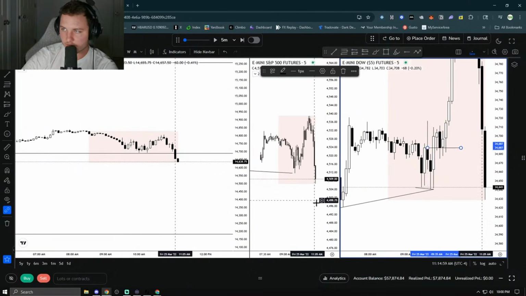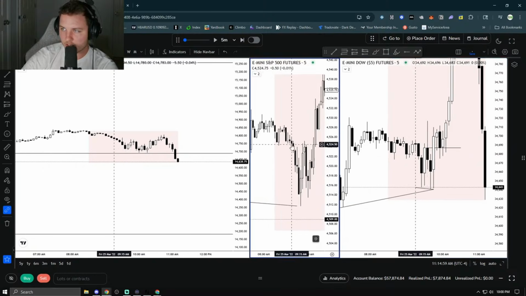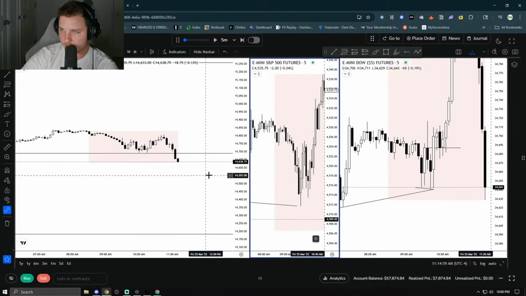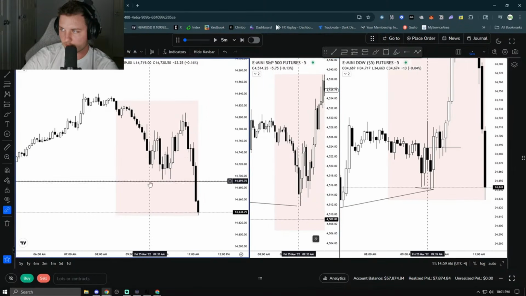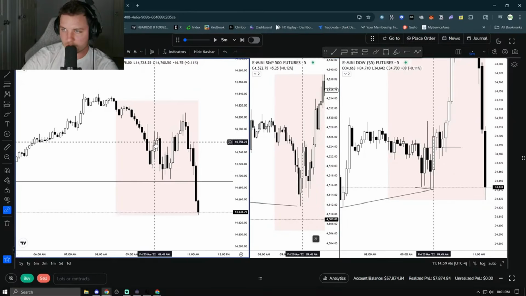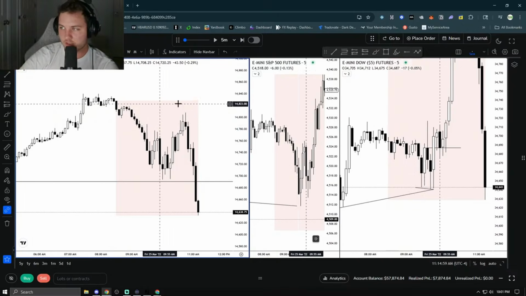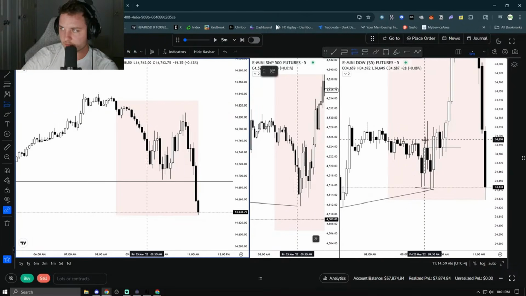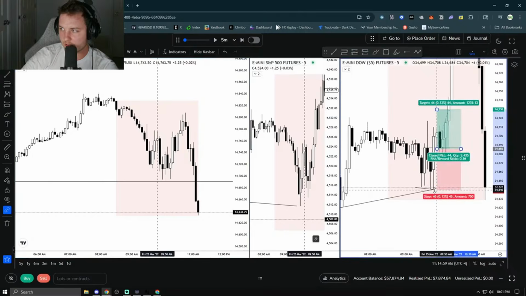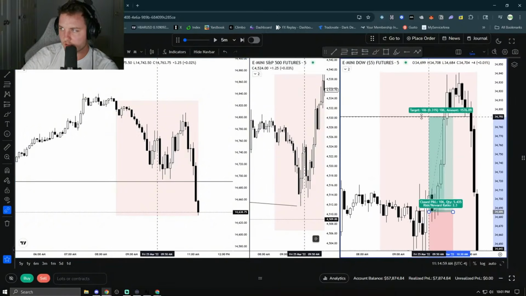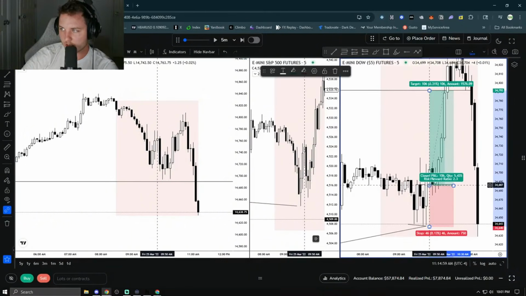CISD. Where's the CISD? All the way up there. We set a limit, stops here, so we can get a better RR. Because look at this, 1.5.